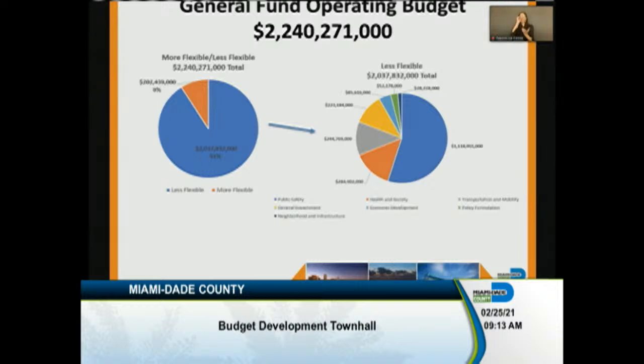These include services such as police and fire, debt service payments, payments that the county must make to fund court services, funding the county's Jackson Hospital, funding our transportation system, etc. The more flexible funding consists of services that are not mandated by state or federal government or required by contract or agreements, such as park services, funding community-based organizations, general government services such as human resources, etc. It is not to say that these services provided with the more flexible funding are not necessary or important.